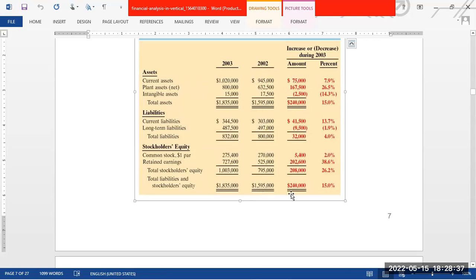A good example, if you take 240,000, which is the total liabilities and stockholders' equity, you take 240,000 and divide by the base year, 2002, which is 1,595,000.